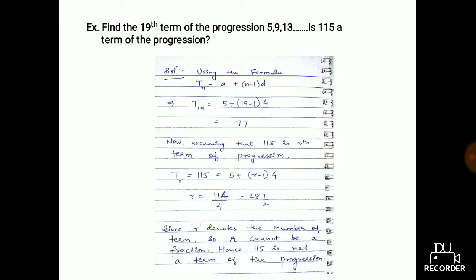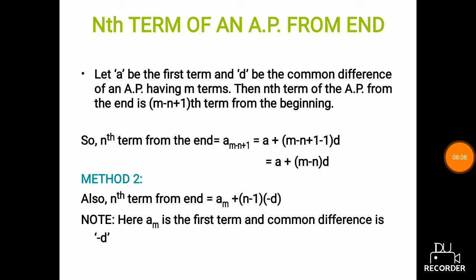Now we find the value of r, which we get as 114 by 4, equal to 28 1 by 2. Now r denotes the number of the term, so it can't be a fraction. Are you getting my point? r denotes a number, so it can't be a fraction, and here r is 28 1 by 2, which is a fraction. So, hence, 115 is not a term of the progression.